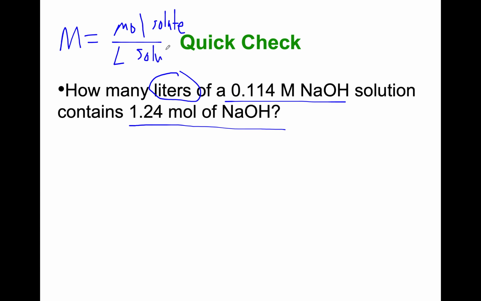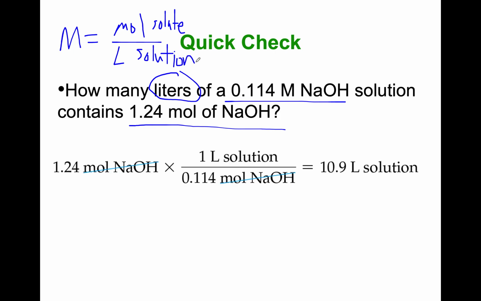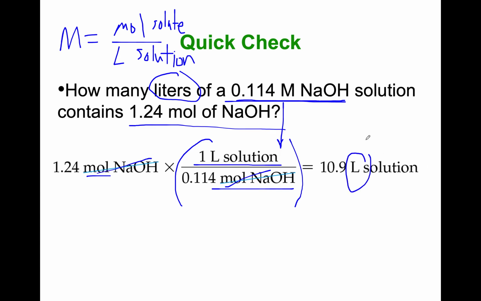What I'm showing you here is dimensional analysis, and I really encourage you to be comfortable with this. So you say that's 0.114 molar sodium hydroxide, so that's inverted: moles of sodium hydroxide over 1 liter, that comes from the molarity. We're taking the moles, dividing by molarity, moles cancel, and that gives us liters of solution.